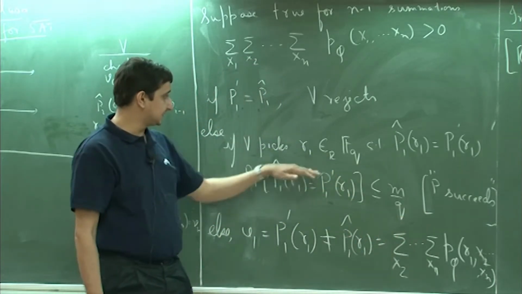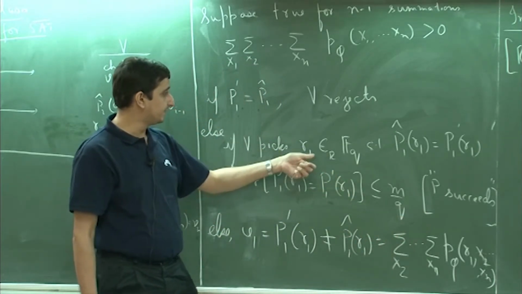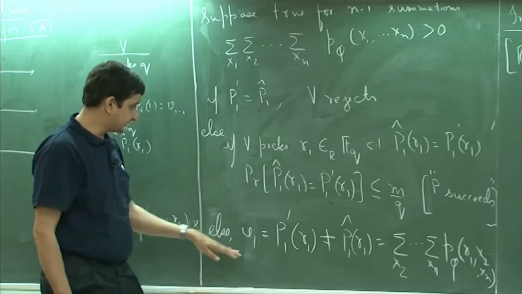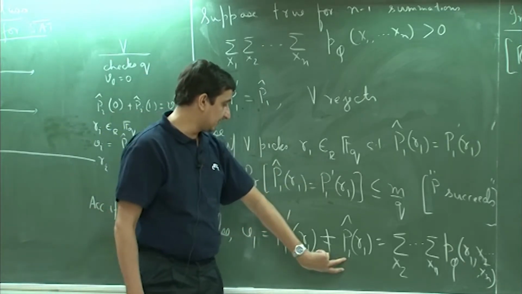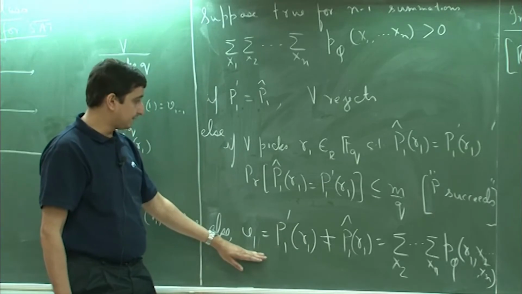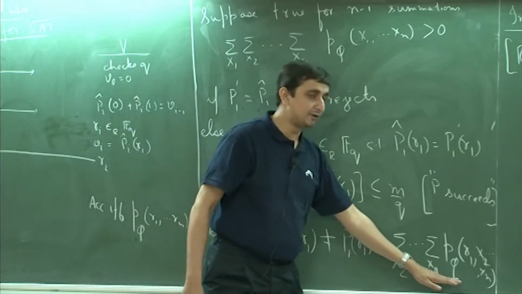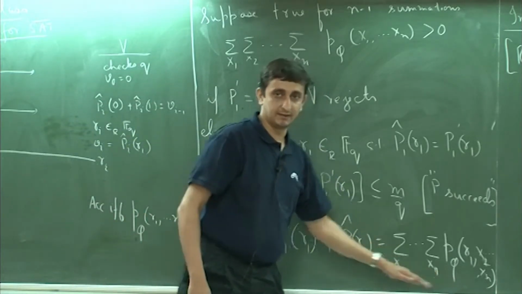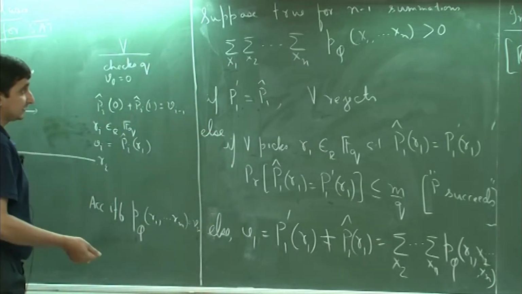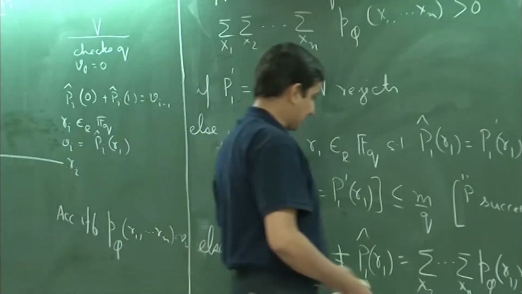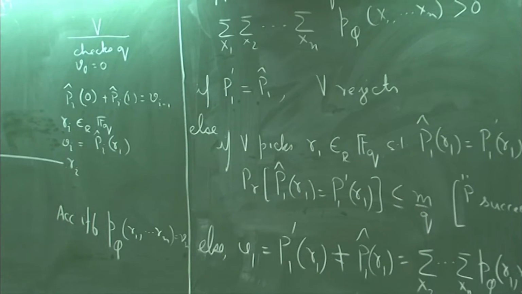And the third case is that if the verifier picks a point on which the two polynomials do not agree, then we have a V1 that is not equal to this summation. Okay. So, now we can use our induction hypothesis, as we now have an n minus 1 summation.